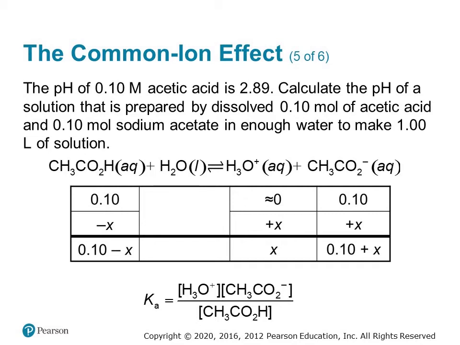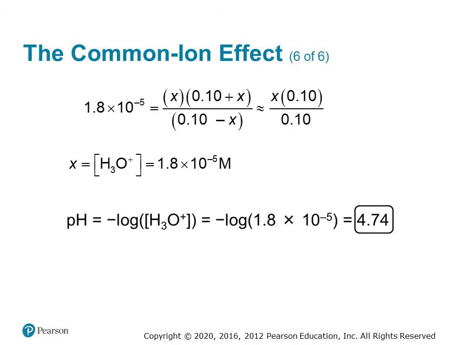Completing our ice chart, assuming dissociation of acetic acid, we can see that the concentration of acetic acid at equilibrium is 0.10 minus X, the acetate concentration is 0.10 plus X, and the hydronium concentration is approximately X. Plugging these expressions in for the concentrations in the Ka expression, and assuming that X is much smaller than 0.10, and hence that 0.10 plus X and 0.10 minus X are both still effectively 0.10 after rounding, we solve for our hydronium concentration, which turns out to be 1.8 times 10 to the minus 5th molar.